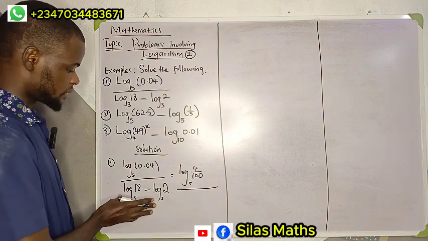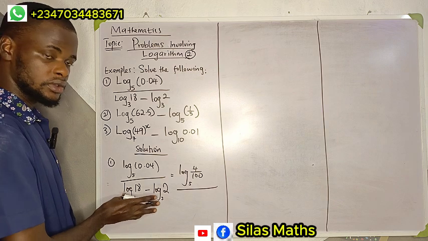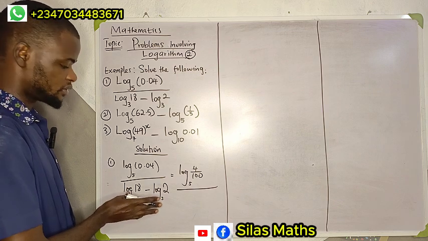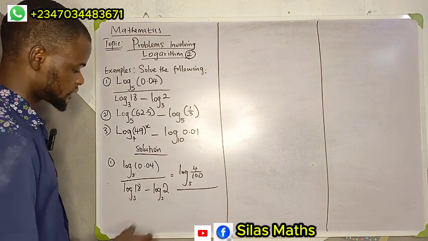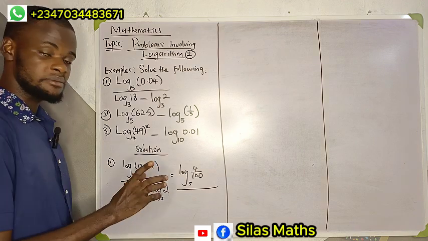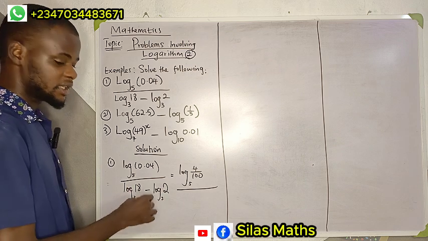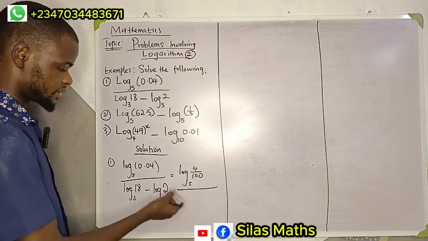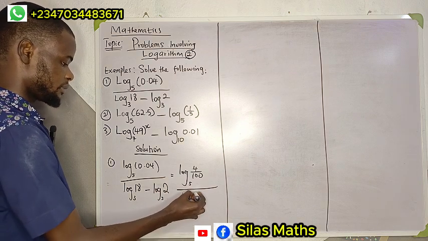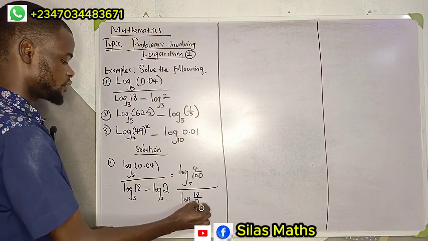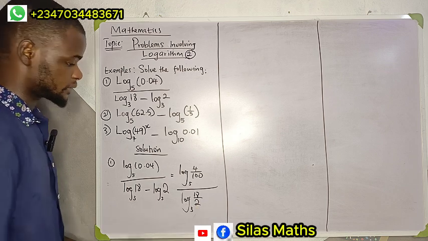Carrying out the subtraction law, or we call it the division law, you'll recall that whenever 2 logs of the same base are subtracting, we can actually divide the numbers. So this is going to give us log 18 divided by 2 base 3, since they are subtracting.